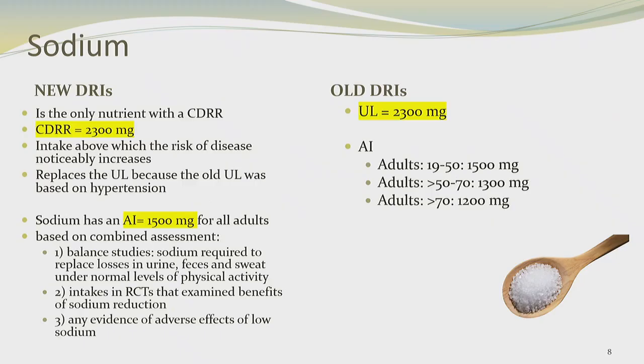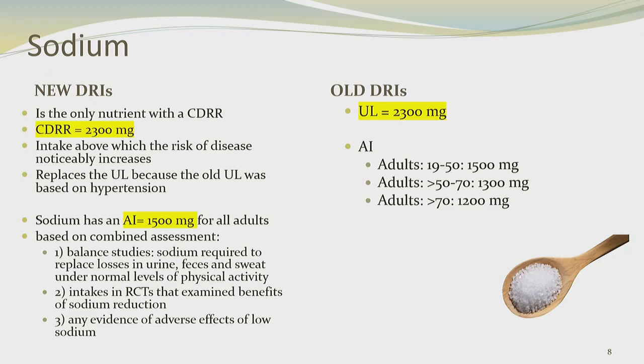So for now, only sodium has a CDRR, and the value is 2,300 milligrams. So this is an intake that evidence shows, if exceeded on a daily basis, will noticeably increase the risk for diseases such as high blood pressure.